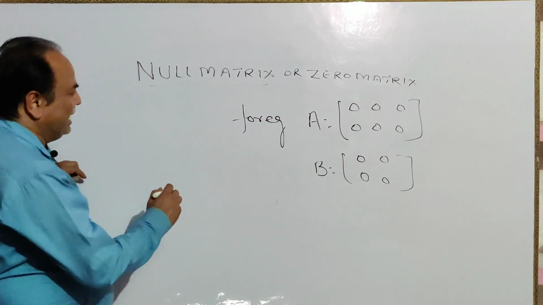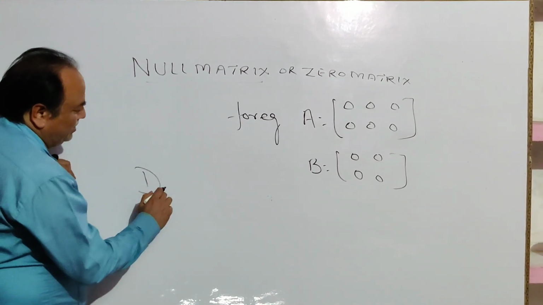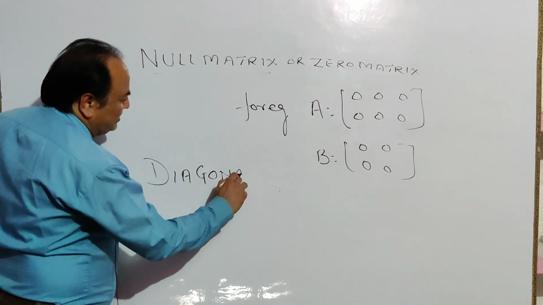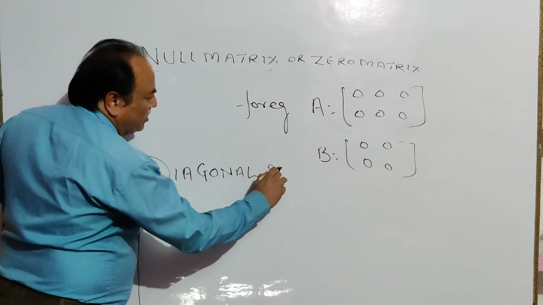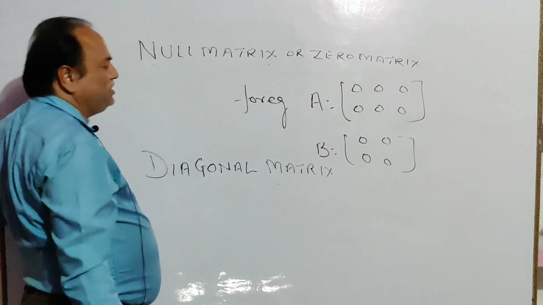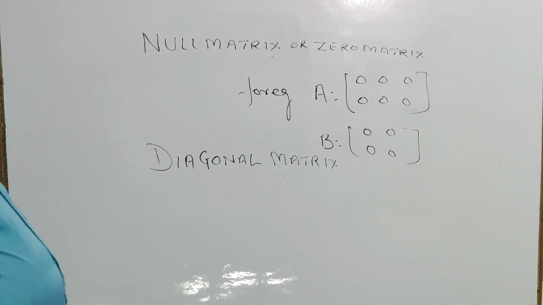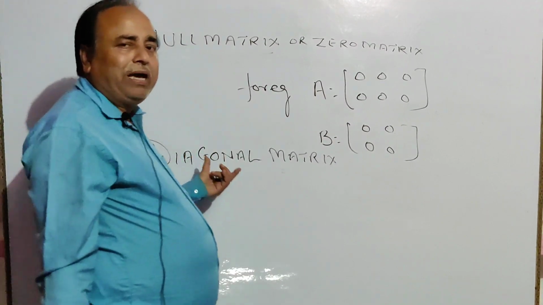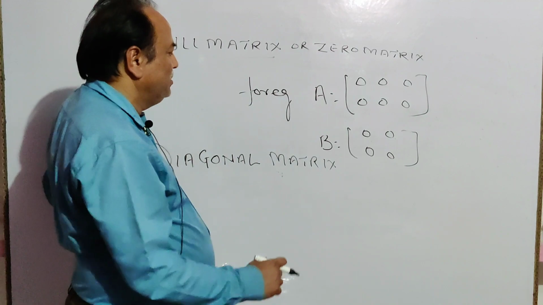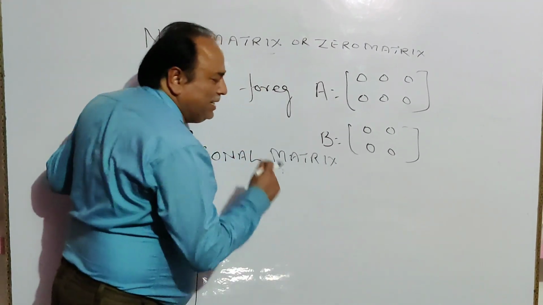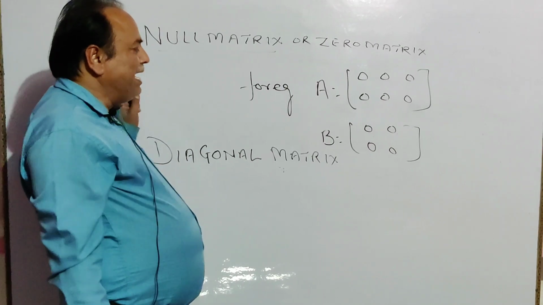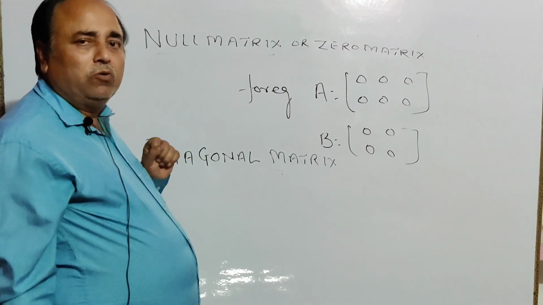Next is diagonal matrix. Now just a square matrix, all of you know I have told you regarding a square matrix. So a diagonal matrix is a square matrix whose diagonal elements are not equal to 0 and non-diagonal elements are equal to 0.